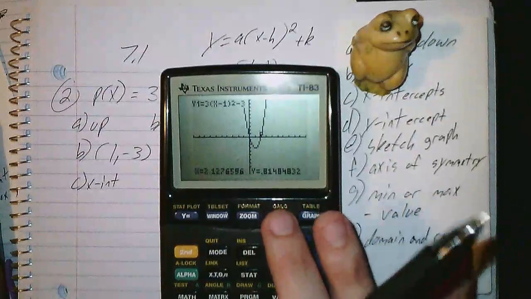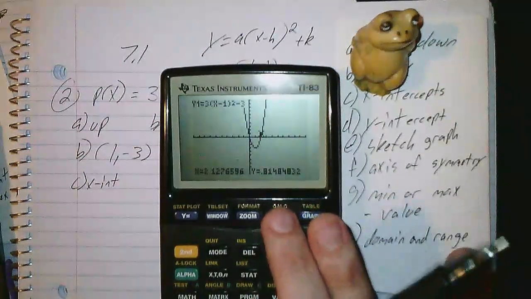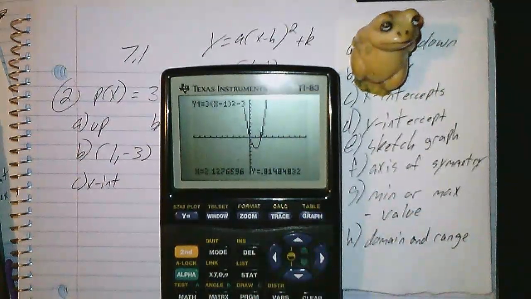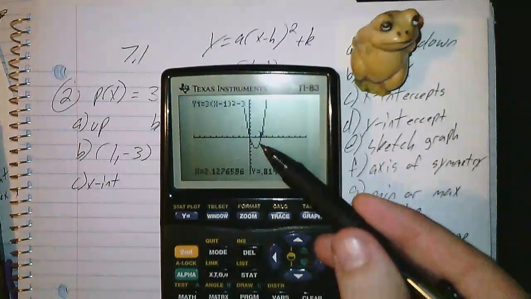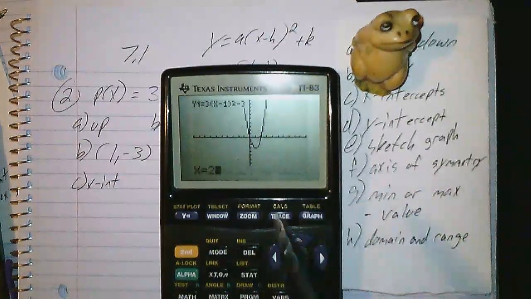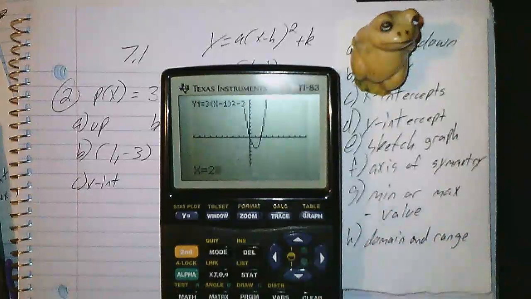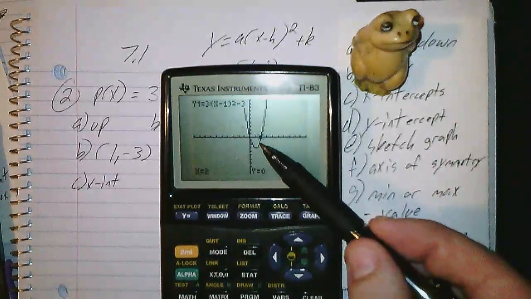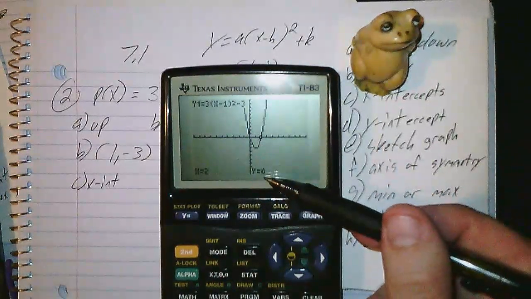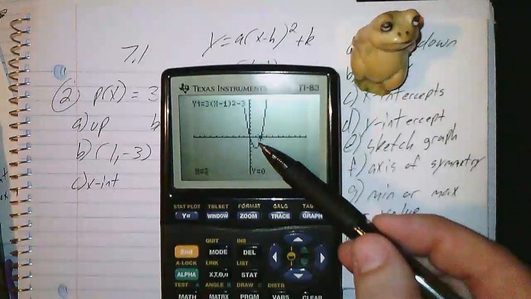The other way to think about trace is we can type the x values we want to evaluate. So I hit trace, and then I type 2, and hit enter. And sure enough, 2 is an x-intercept. If y is 0, then we are at an intercept.